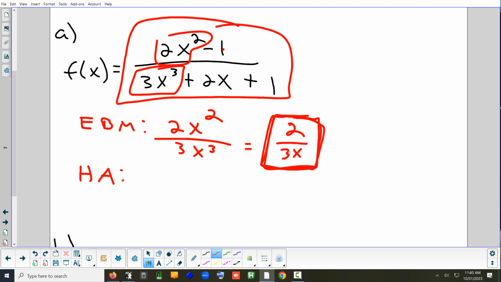So if you let x be 1,000,000, what's 2 divided by 3,000,000? Is that approaching infinity? It approaches zero. So the horizontal asymptote is getting closer and closer to 0. So how would I write that? Y equals 0.